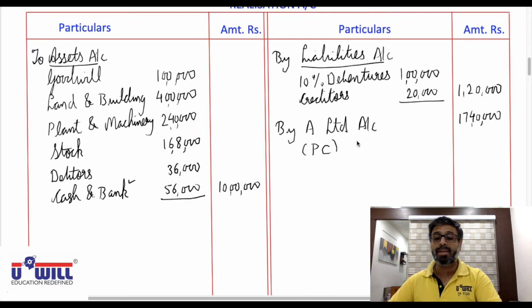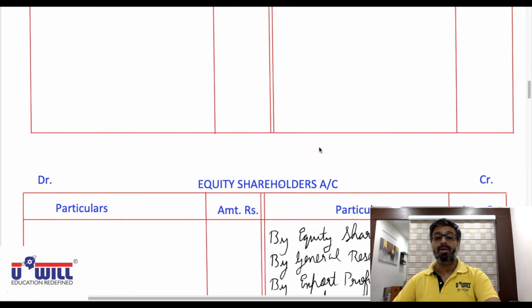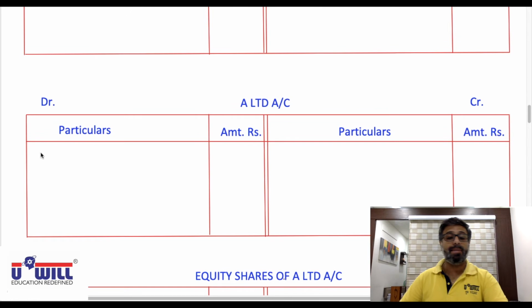You can further mention working note 2. And in A limited account on the debit side to realization account with the purchase consideration of 17,40,000.